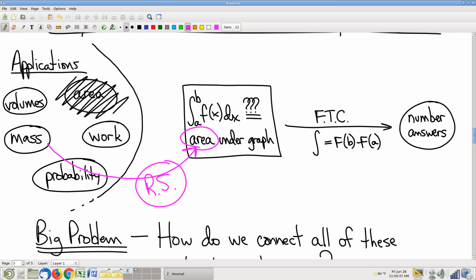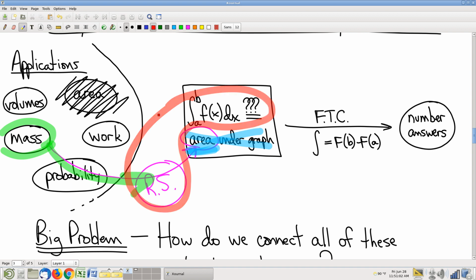Okay, and at this point, let's think through the strategy of all of this. If what I need is to compute mass, if I need to connect it to a Riemann sum, then what role is area playing in this story? I don't need the actual area. Here I am back to, let's just define integrals with Riemann sums.